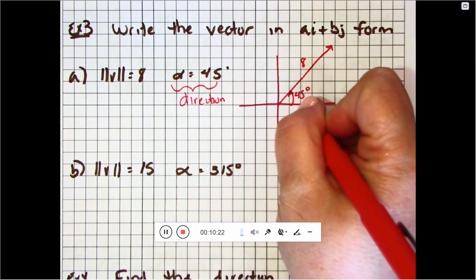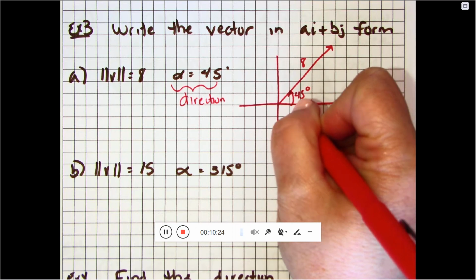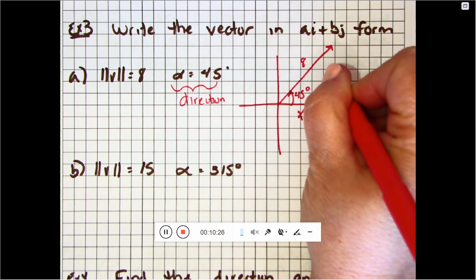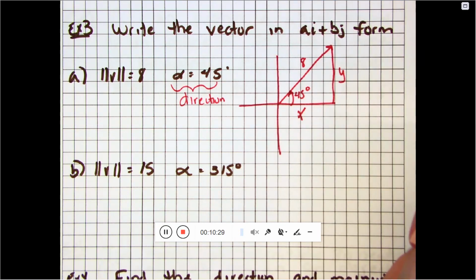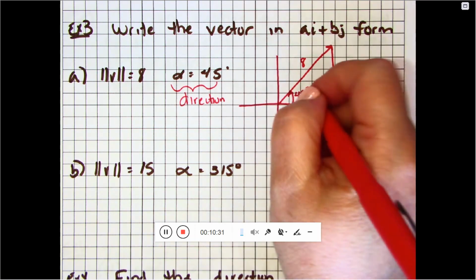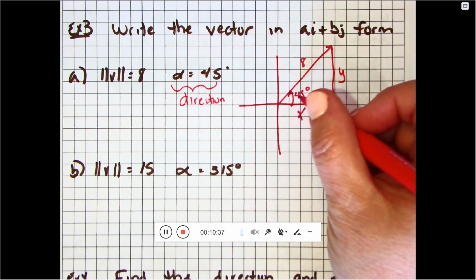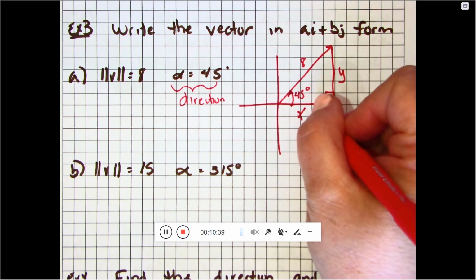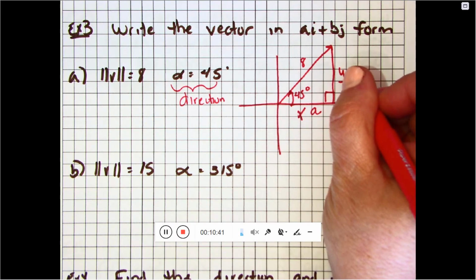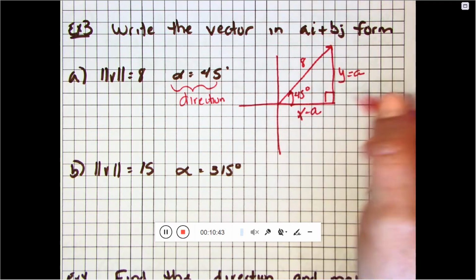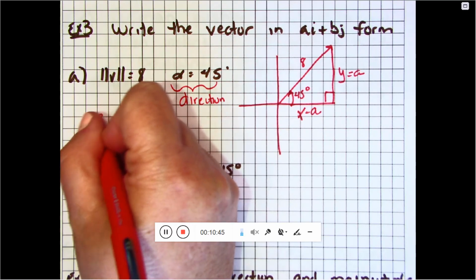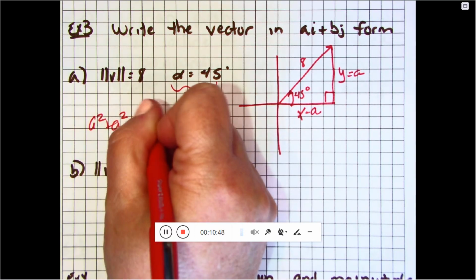I want to know what this horizontal component is, and I want to know what this vertical component is. Well, doesn't it simply form a 45-45 right triangle? Right? So these are the same. So you can call this A and you could also call this A, the same thing. And you can say a squared plus a squared equals 8 squared.